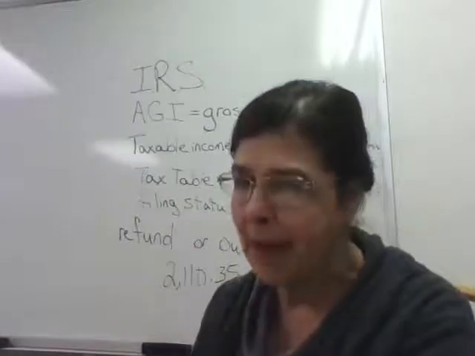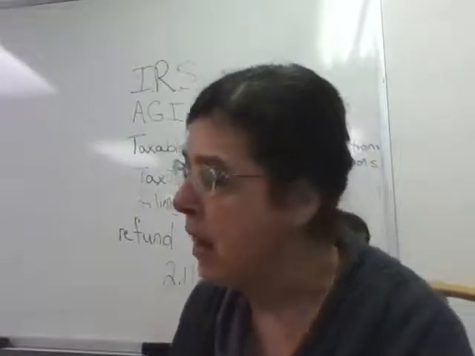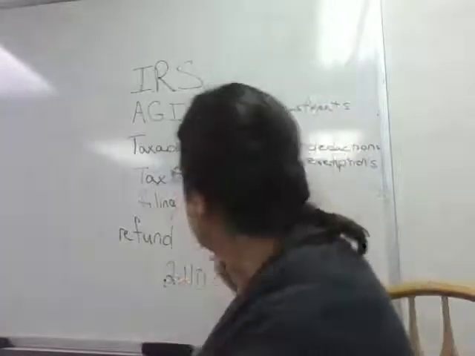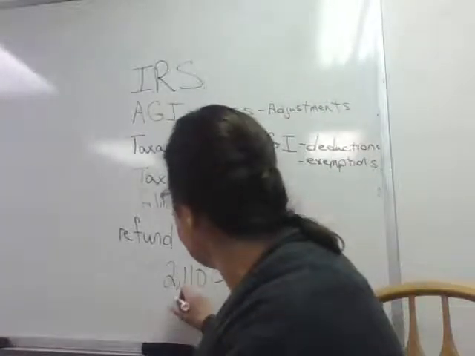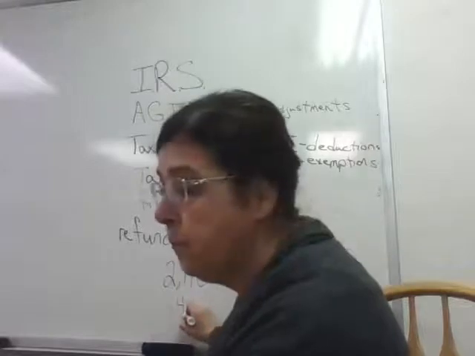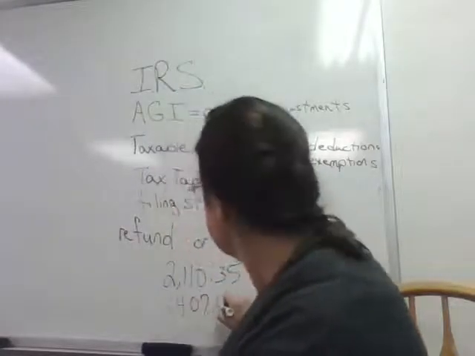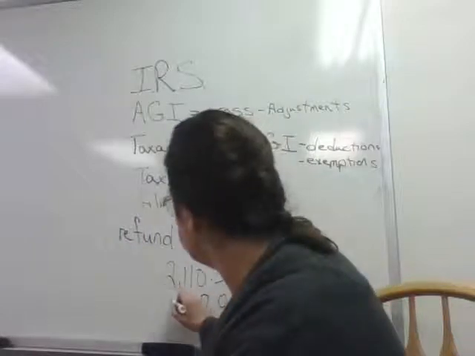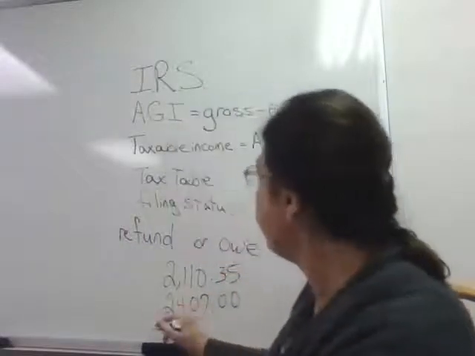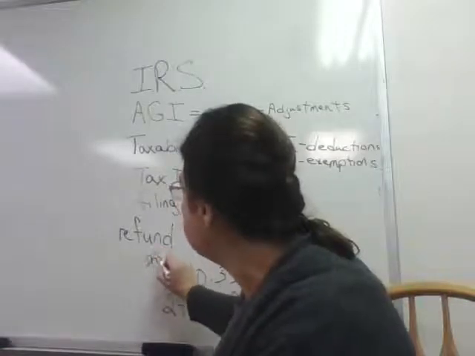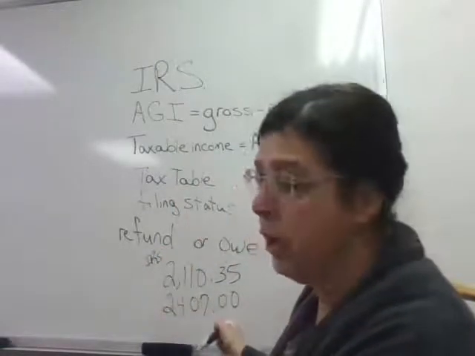They're already doing that work for you. The actual tax owed is $2,407. Now, this is how much is already in the IRS. This is how much you owe.